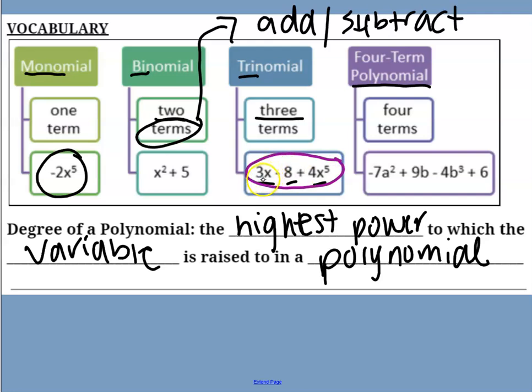We have x right here next to 3, and we have 4x to the 5th power. So the degree of this polynomial would be 5 because it's the highest power that the variable is being raised to. Here we look, the degree would be 3 because it's the highest power to which the variable is being raised.